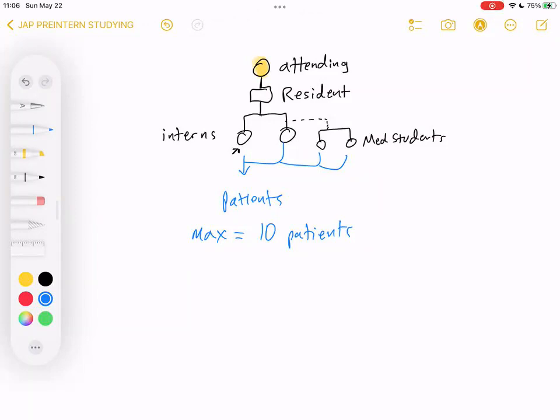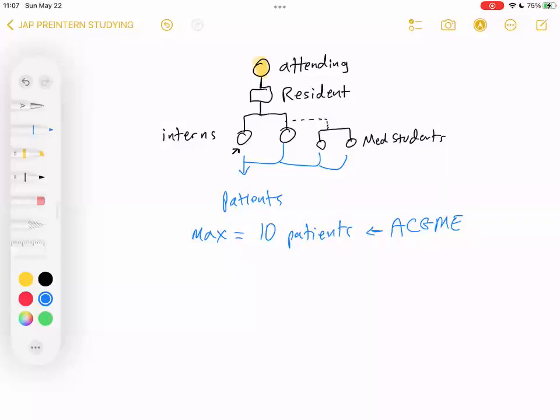It could be up to 5, okay? And most of the time you're not going to be capped at 10 patients, but you could be. And this limit is set by the ACGME. So if you go to a program where you're suddenly dealing with 12 patients as an intern, that's a violation of ACGME rules. And you can technically report it, or eventually they will get in trouble. So they have to fix it. Okay.